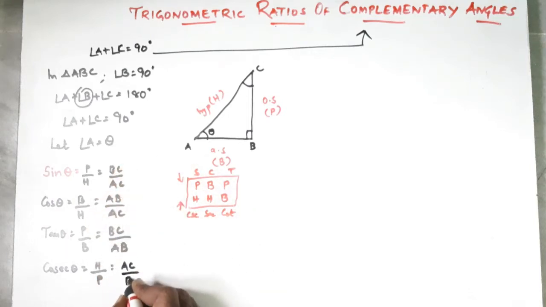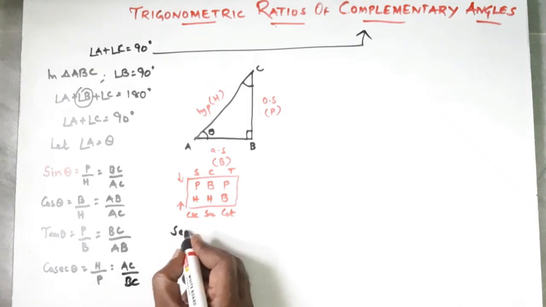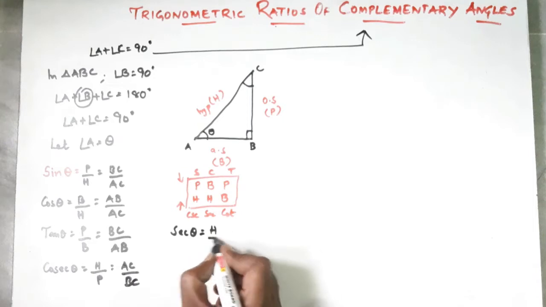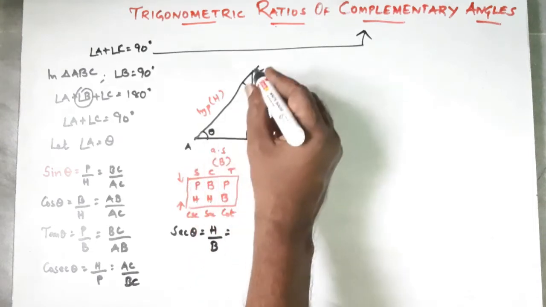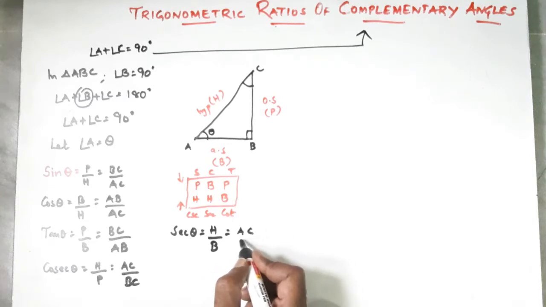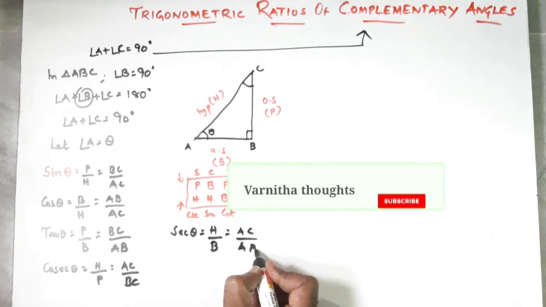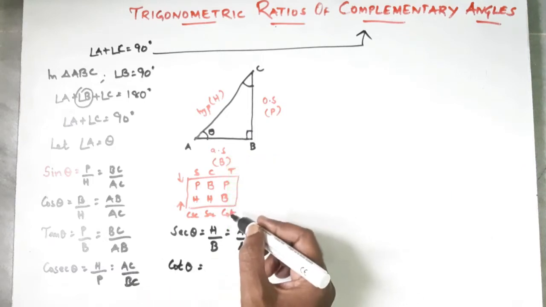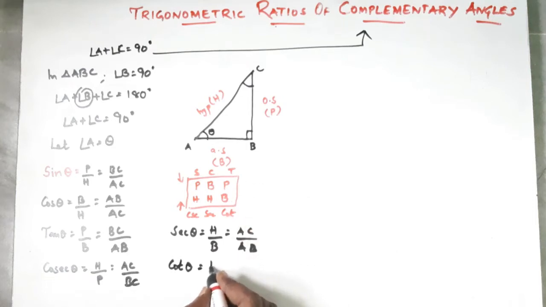Now sec theta is H by B. H is AC, B means AB, so AC by AB. Then cot theta is B by P. B is AB, P means BC, so AB by BC.